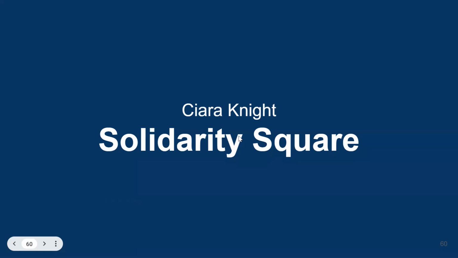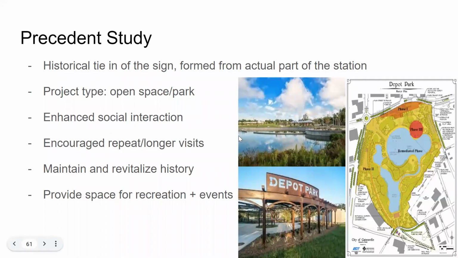Hi, I'm Sierra, and this is my project. Solidarity Square is the title of it. My precedent study was Depot Park from Gainesville, Florida, and I chose this because I liked how they used historical aspects of the actual train.